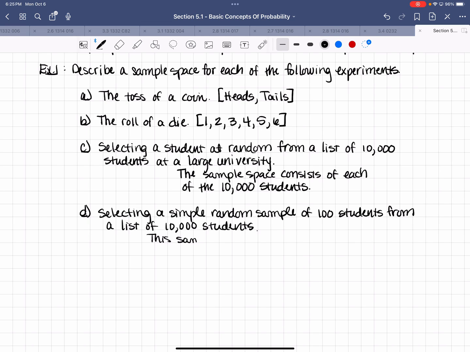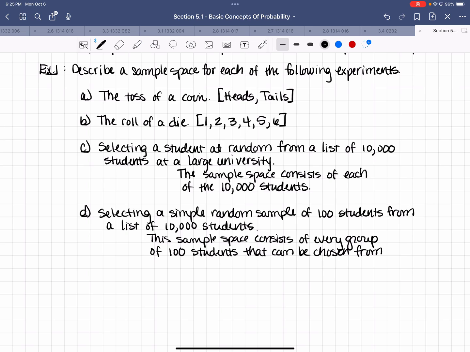this sample space consists of every group of 100 students that can be chosen from the population of 10,000 students.